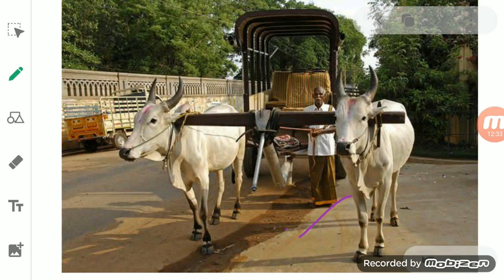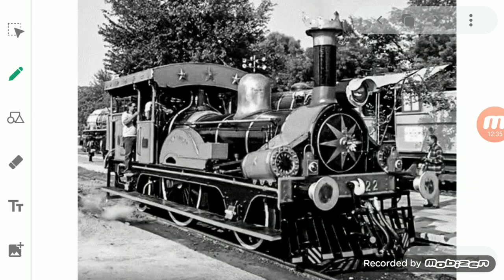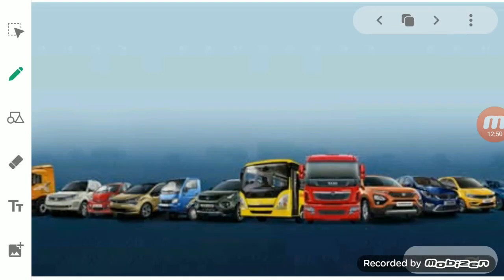Later on, from the bullock cart, this led to the invention of the steam engine. So the steam engine and the petrol engine got invented for carrying goods. And finally the invention was carried from the steam engine to the petrol engine, and it led to the development of modern means of transport.